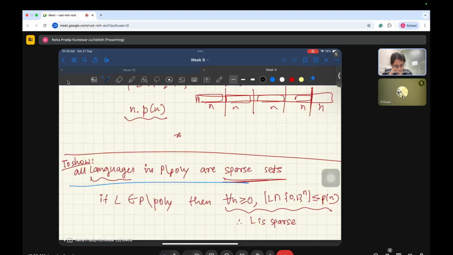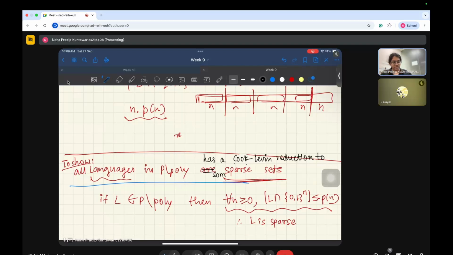The actual claim is that any language that is in P/poly has a Cook-Levin reduction to some sparse set.